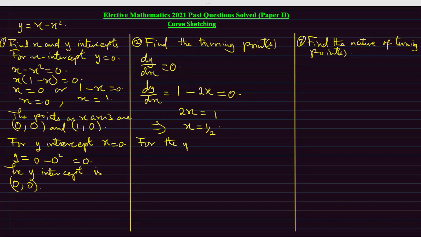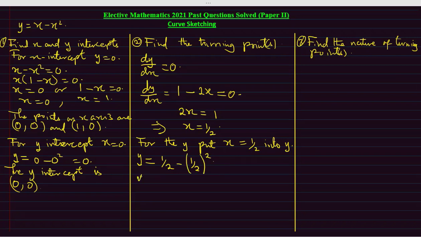For the y, put x equals half into y. So we are going to obtain y equals half minus half all squared.